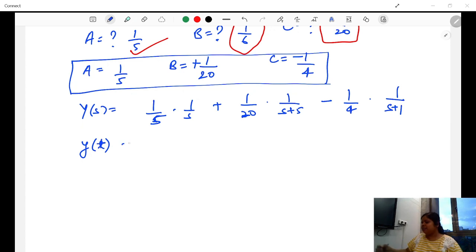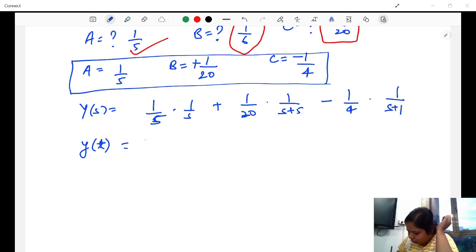So taking the Laplace inverse of this. You are already aware about the Laplace transform. If it is in time domain, you are changing it to S domain. Now from S domain, we want to go back into time domain. That is called inverse Laplace.